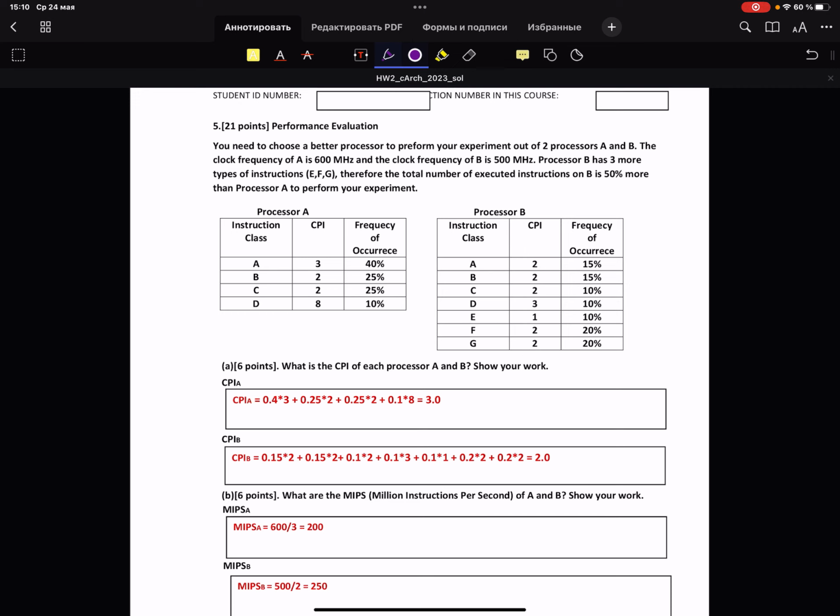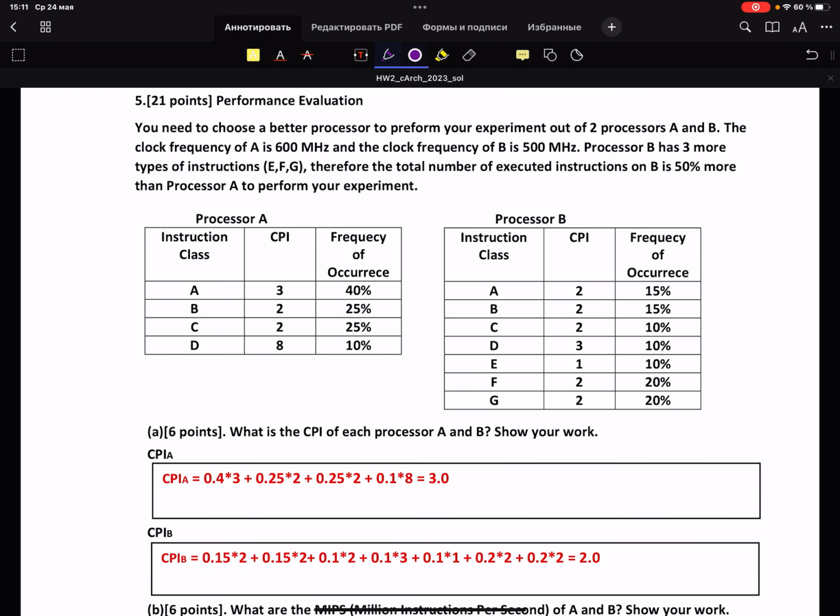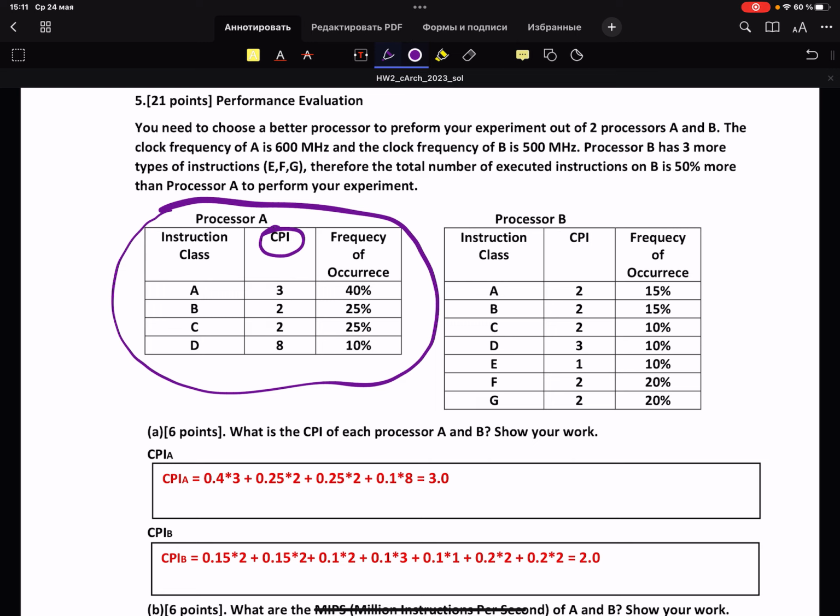21 points. So what you do here, you don't need to understand what each number represents. If you're asked for SPI of A, you concentrate on processor A, and you multiply this SPI value by the frequency of occurrence, this one.